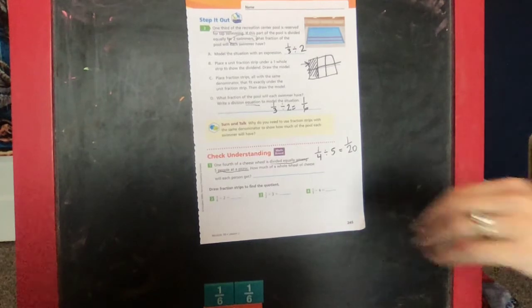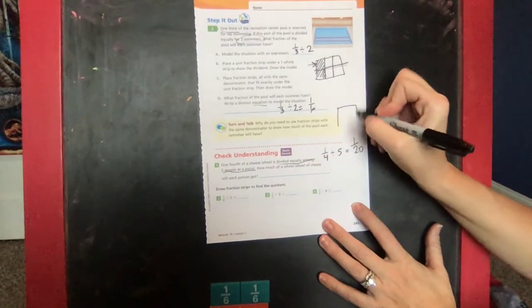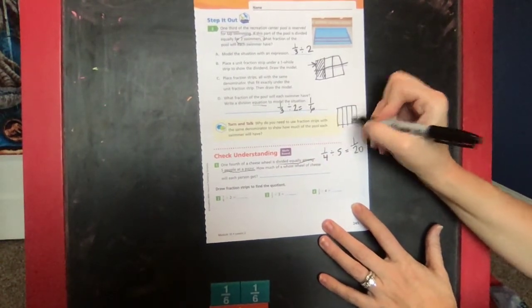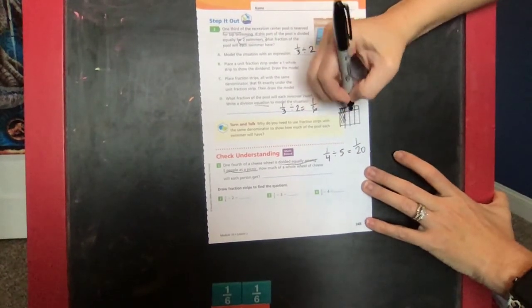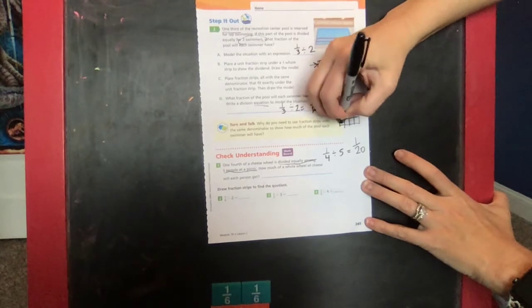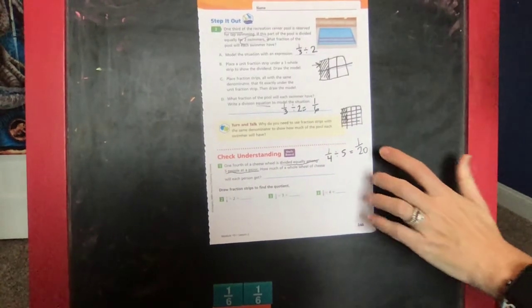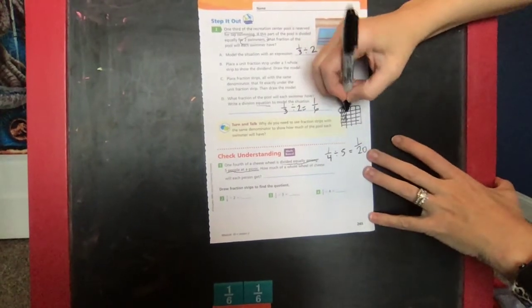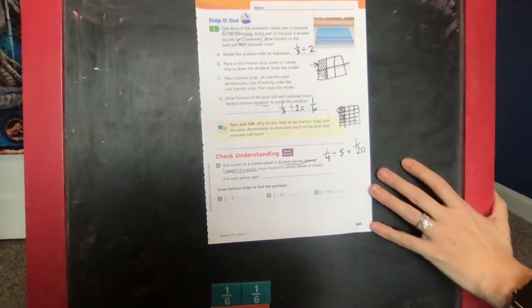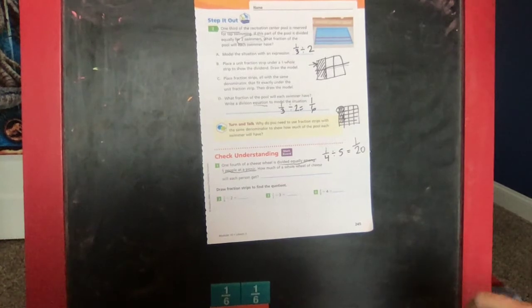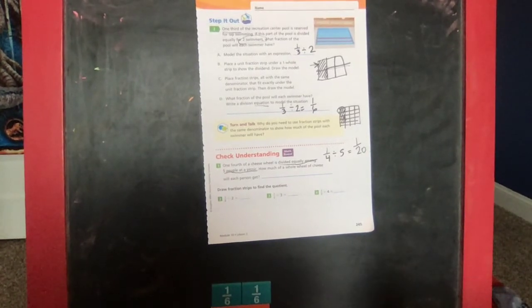And I love if you draw a picture. Here's my 1/4. Let's split it into 5 parts. Now I can easily see this is my 1 piece. 4, 8, 12, 16, 20. I'm getting 1/20th, not the whole number 20.